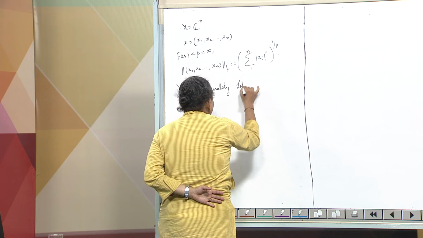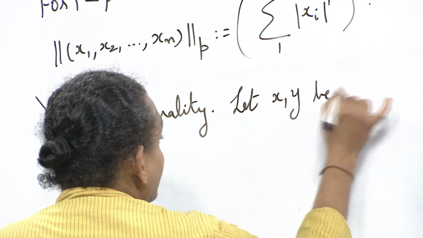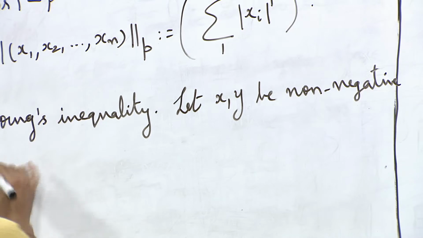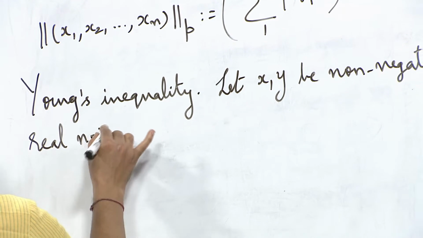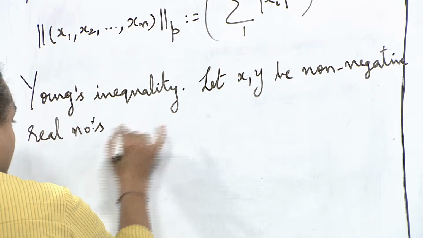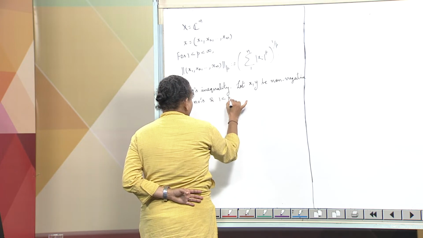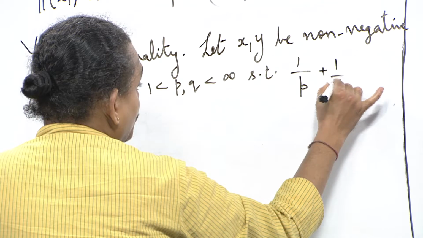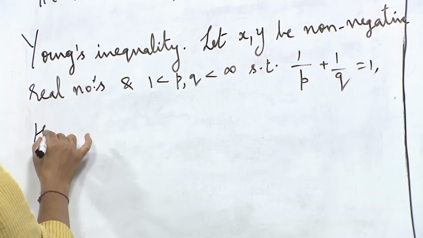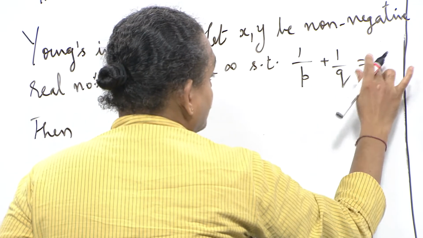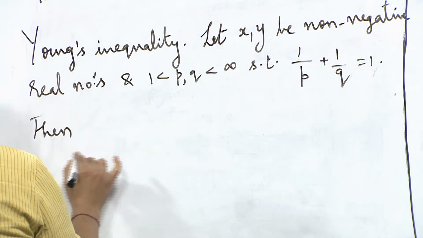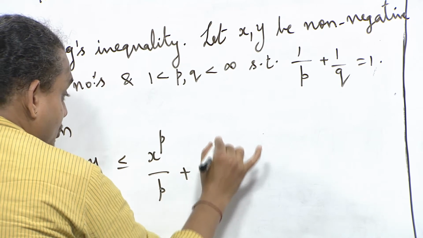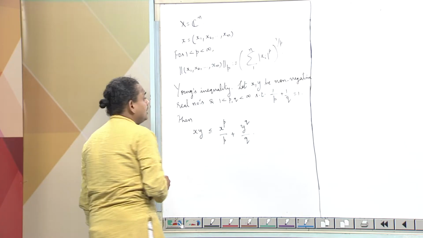If you have two non-negative real numbers, x and y, and 1 less than p comma q less than infinity, such that 1 by p plus 1 by q is 1, then x y is less than or equal to x raised to the power p upon p plus y raised to the power q upon q. So, this was the inequality that we stated.